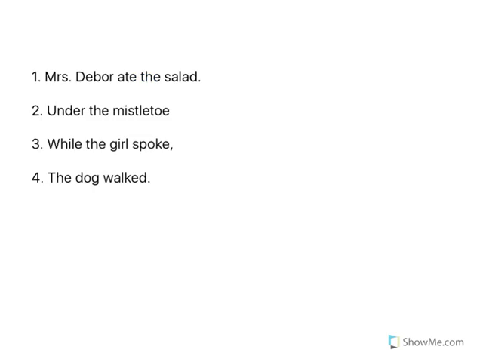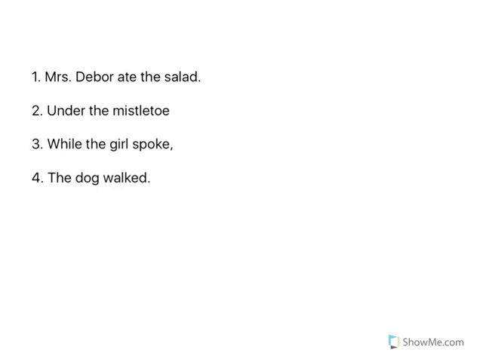So now we're going to begin the work for our lesson. Make sure you have a pencil ready. Number 1 says, Mrs. DeBoer ate the salad. And we're distinguishing whether each group of words is a clause or a phrase. You want to look at the first group of words and ask, does it have a subject and a verb? Because if it does, we know it's a clause.